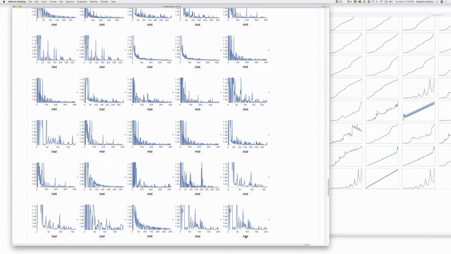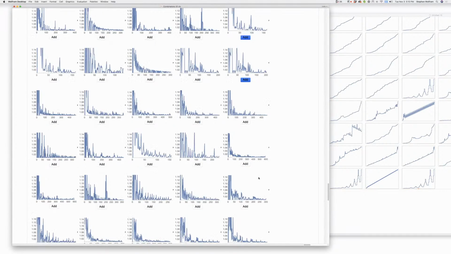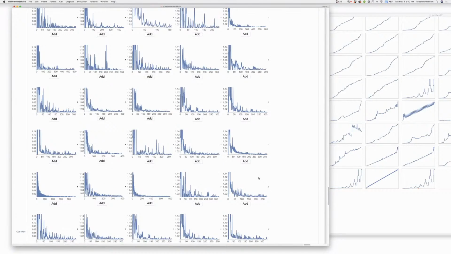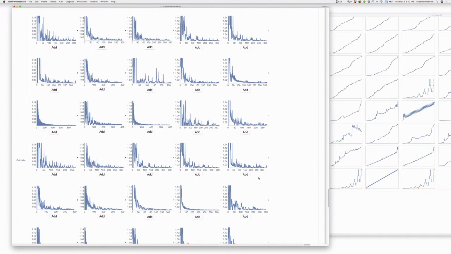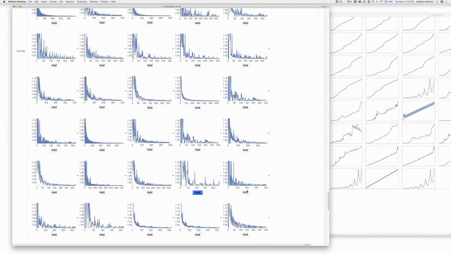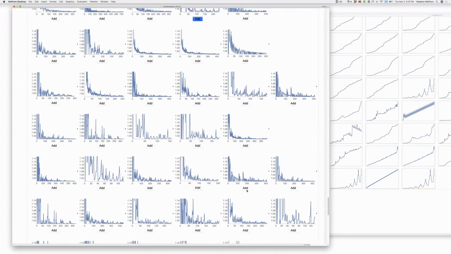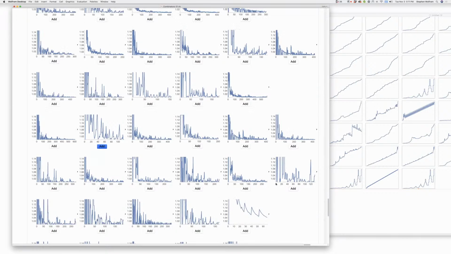I think those may have some different behavior. That one seems to have kind of a whole sequence of those things. That one is erupting all over the place.